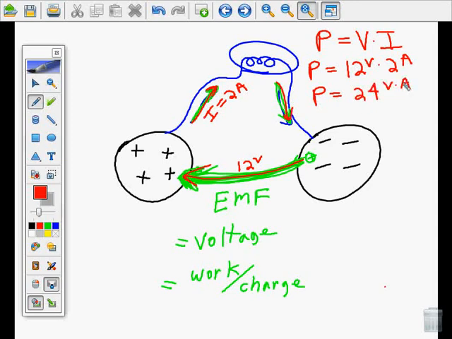And you probably wouldn't write that out. It's going to end up being watts, but let's take a closer look at this. Again, you probably wouldn't write all these steps, but I just want to do it for education's sake. 24, a volt is a joule per coulomb. How many joules of energy for each coulomb? And an ampere is a coulomb per second. How many coulombs are going through the wire each second?